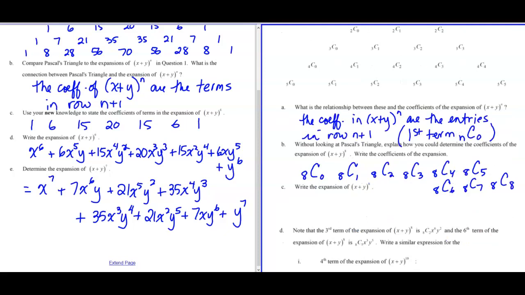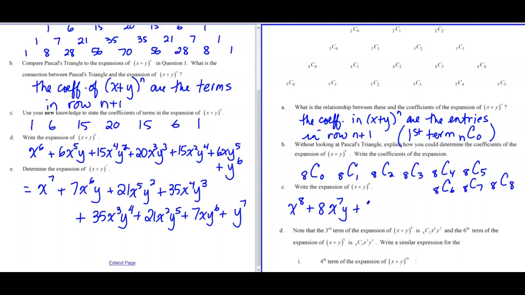Okay, so then the expansion: 8C0 is 1, it's going to be x^8. Then 8C1 is going to be 8, x^7 y.